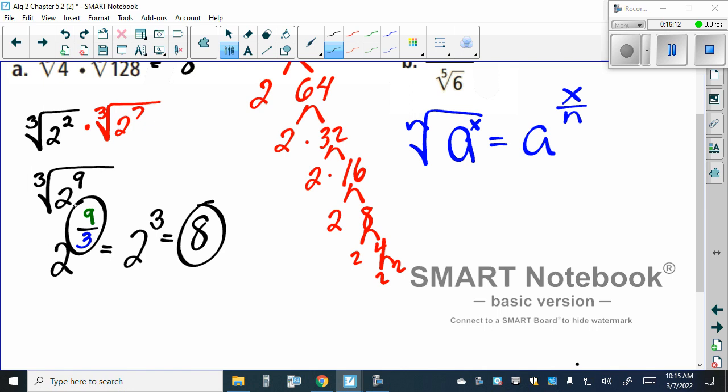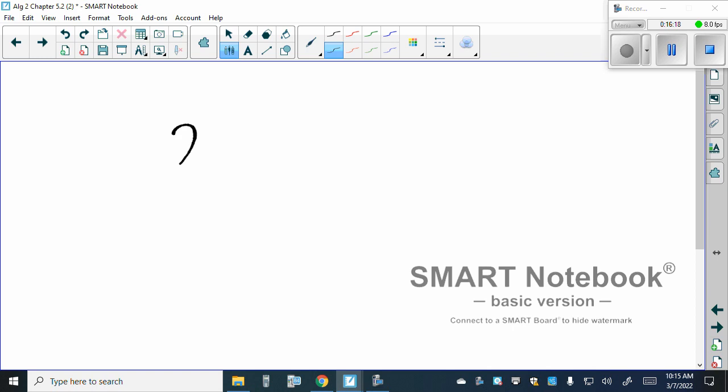And even if it's not a whole number, like 3 here, so I'm going to get a new page, because if we had, say, 2 to the 10 thirds, well, that's one more, yes? Well, 10 thirds as a mixed number would be 3 and 1/3, yes? So we know 3 of those 2 should come out of the radical.